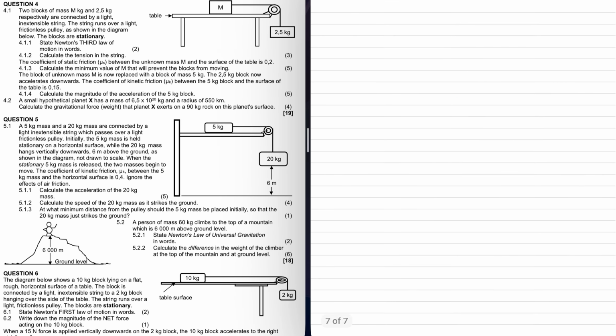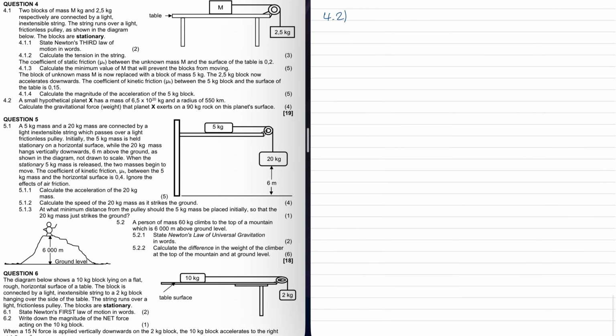Question 4.2: a small hypothetical planet X has a mass of that, and they want us to calculate the gravitational force, the weight, that is exerted on a 90 kilogram block. So first we must calculate the acceleration due to gravity. So g is equal to GM over r squared.